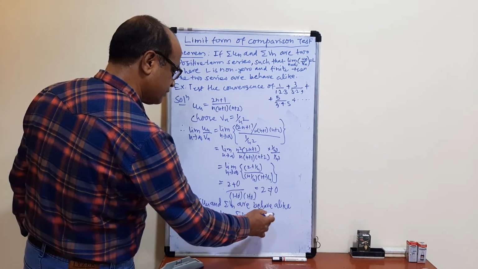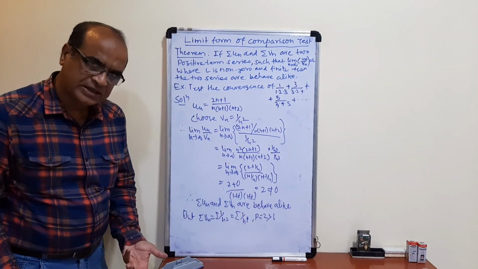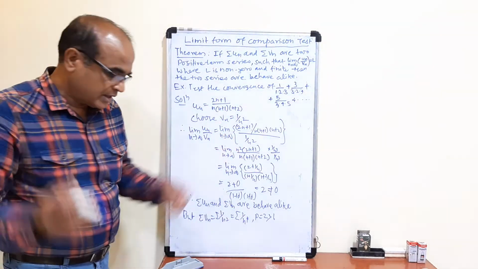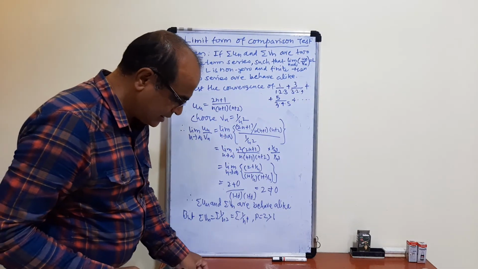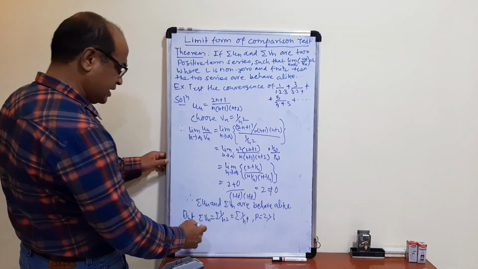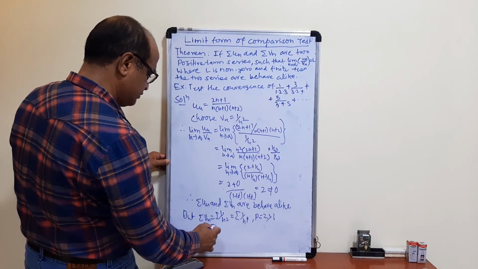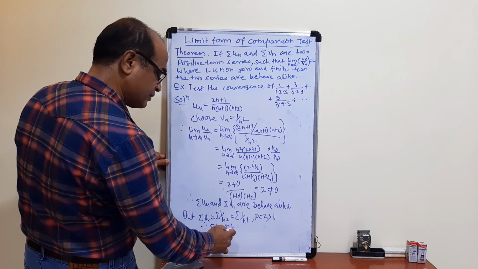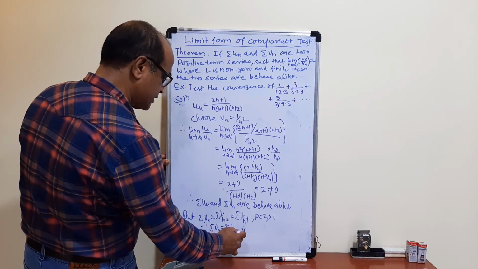So this is greater than 1, and in a P series, if P is greater than 1, then the series is a convergent series. Therefore, the series summation 1 upon n square is convergent.